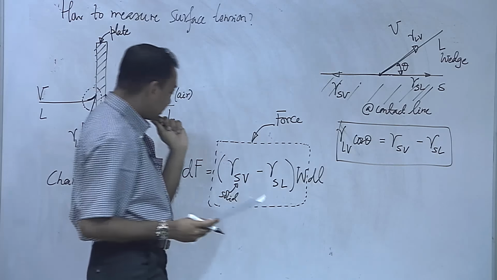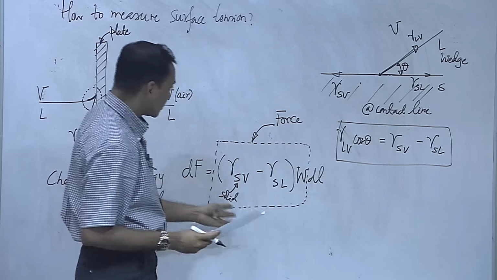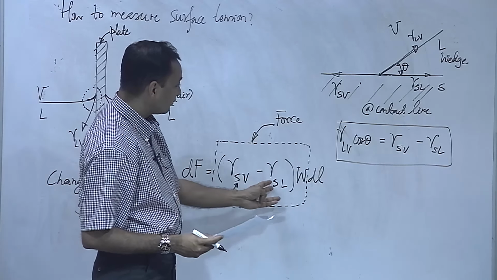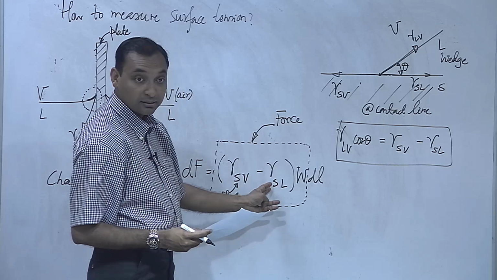If I look at this, the amount of force has this quantity, gamma SV minus gamma SL, right?